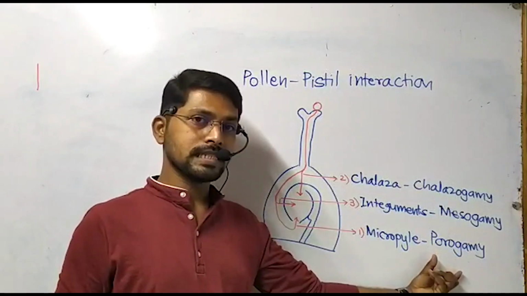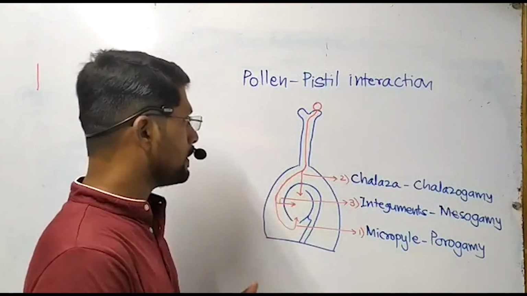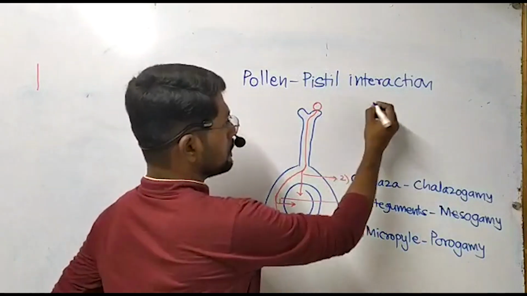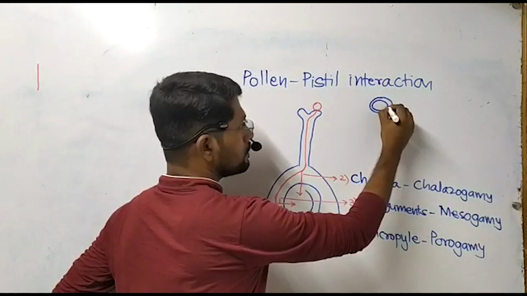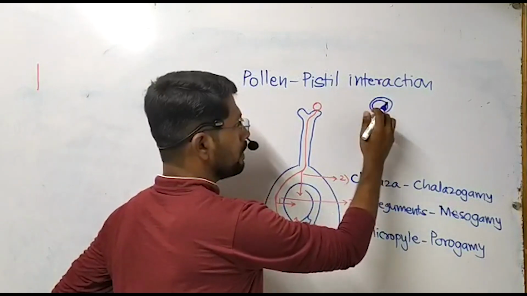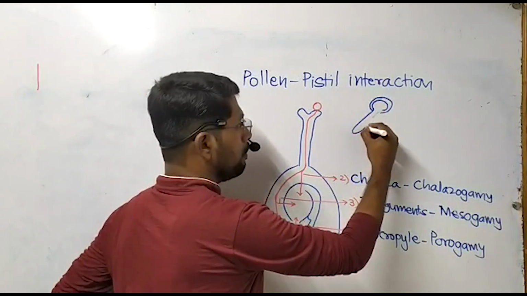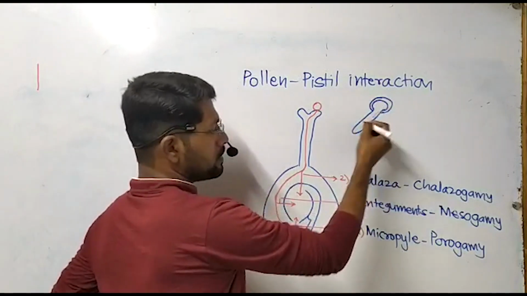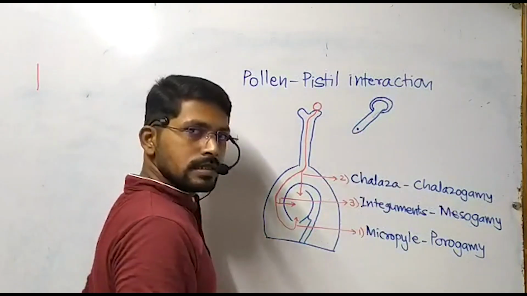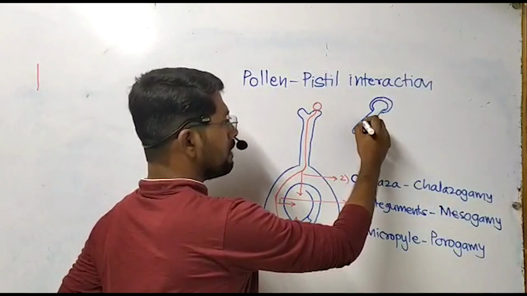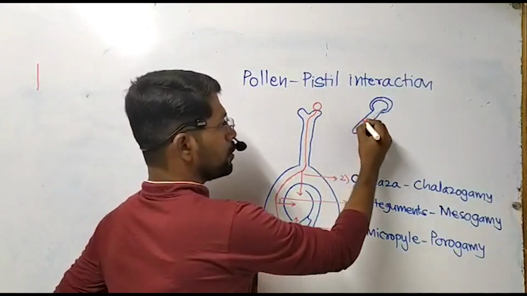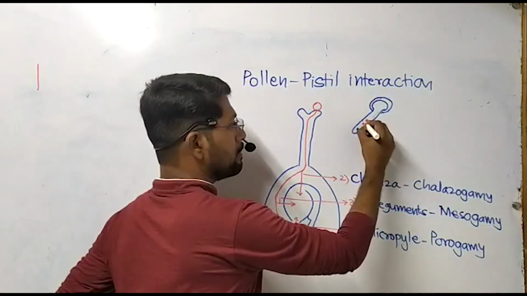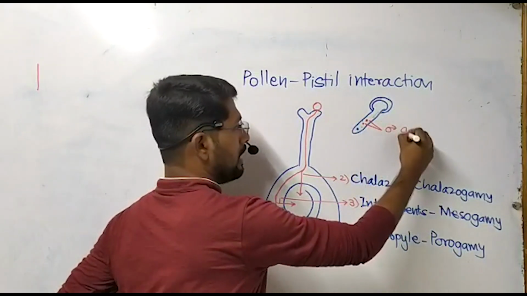One more important concept we are going to study here: when pollen germinates, it will form a pollen tube. We have already discussed the development of the male gametophyte. Now this pollen tube consists of a tube nucleus, cytoplasm, vacuolated cytoplasm, and it also shows the presence of two haploid male gametes. So these are the male gametes.